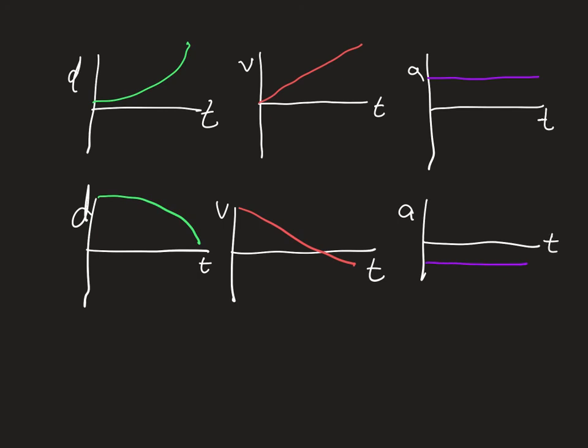So what we look at here and what we can see from this: distance time graphs can have a curve, slope, or straight lines.